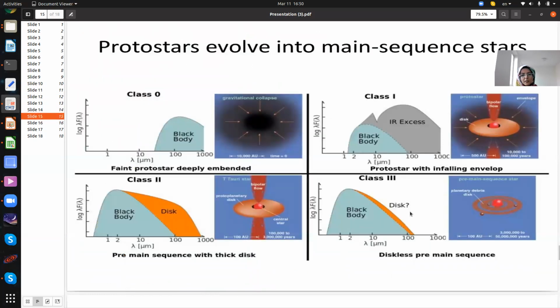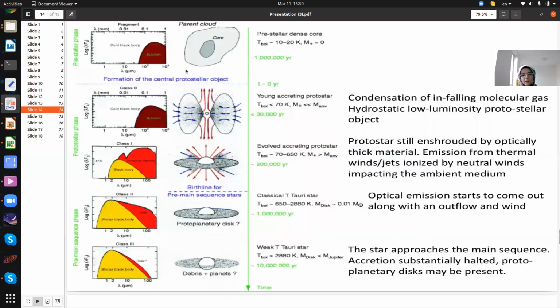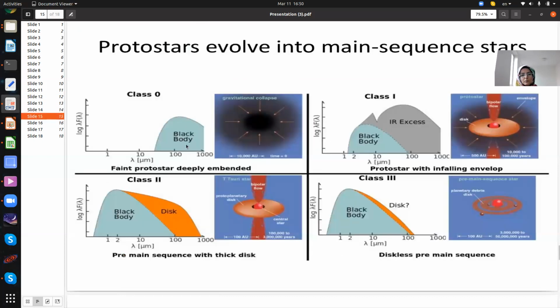Here is the other way of telling this. And you see here for class 0, we have a molecular cloud and a gravitationally collapsing molecular cloud.